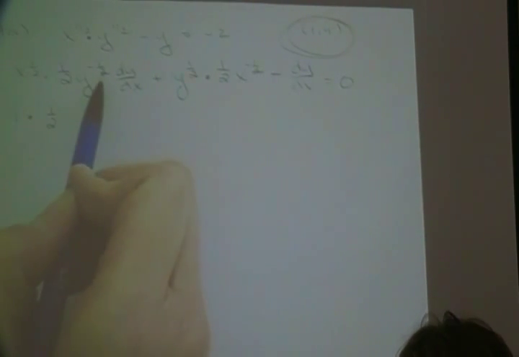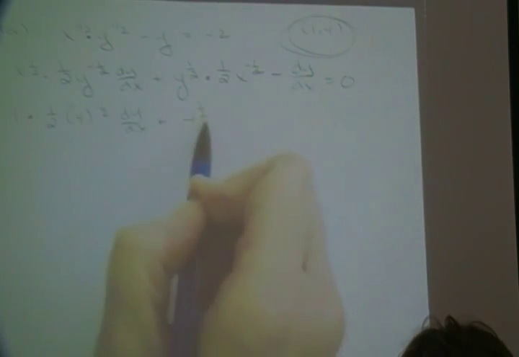So x to the 1/2 is 1 to the 1/2, which is 1. y to the negative 1/2 is 4 to the negative 1/2. dy/dx. y to the 1/2 is 4 to the 1/2. 1/2 x to the negative 1/2. If I plug 1 in, that's still 1.